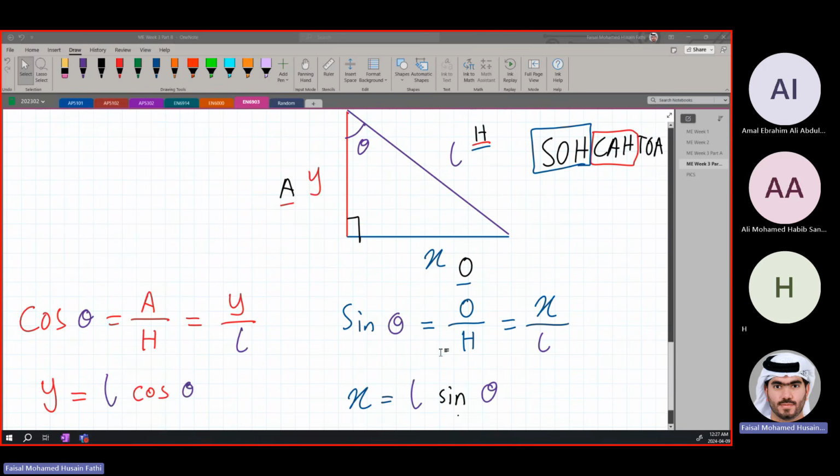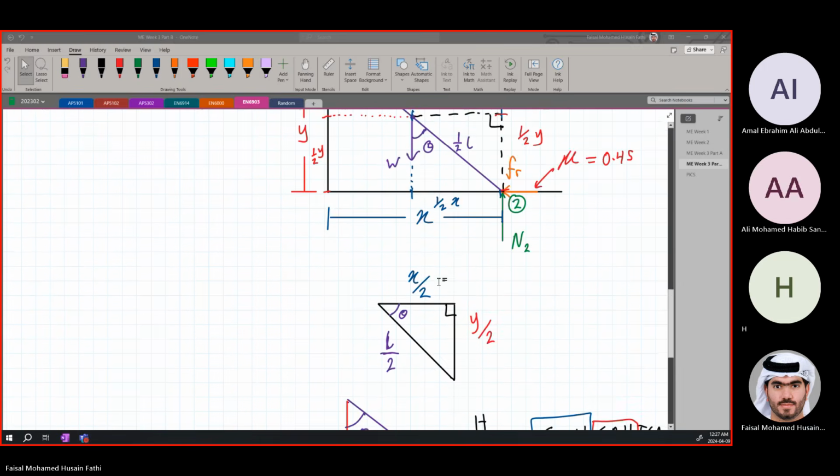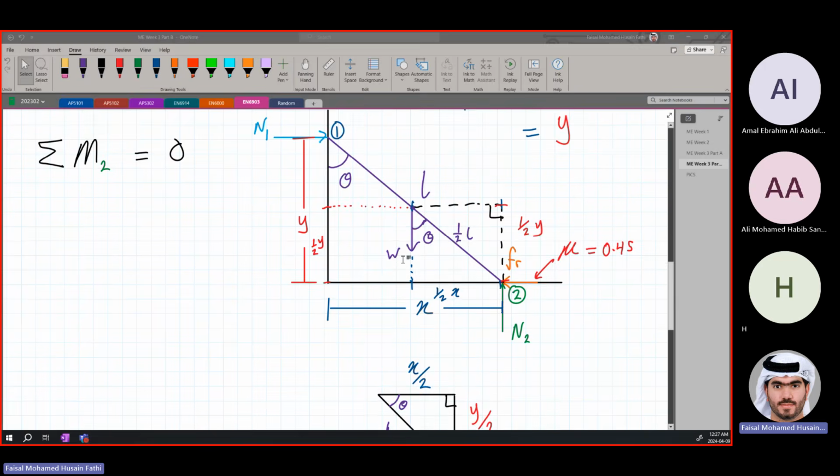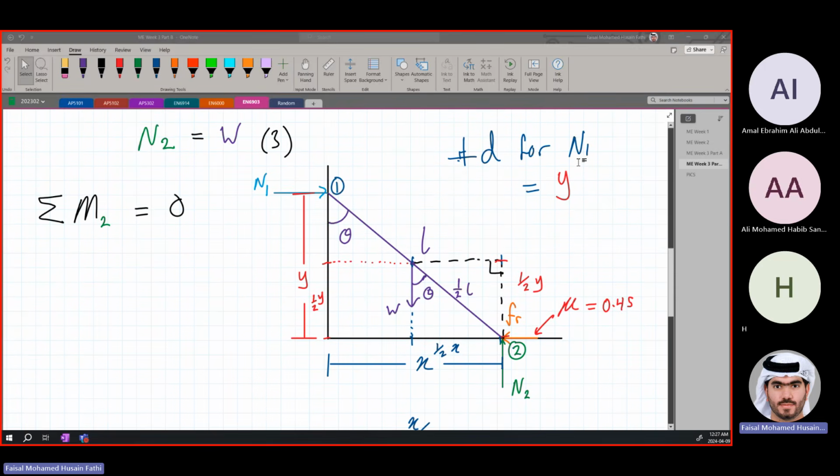so now we found these relations, and we found our perpendicular distances. Okay, we found our perpendicular distances. So the perpendicular distance for N1 is Y. The perpendicular distance for W, I'm going to actually write them on the left side here.